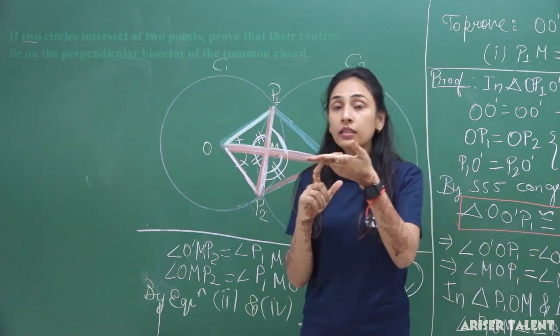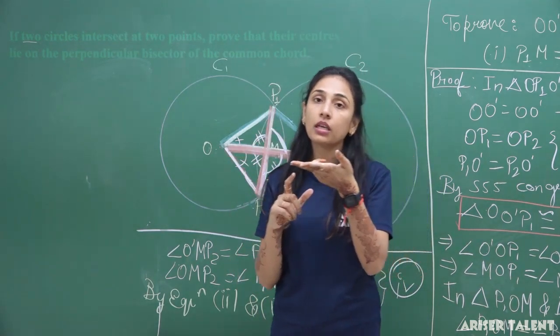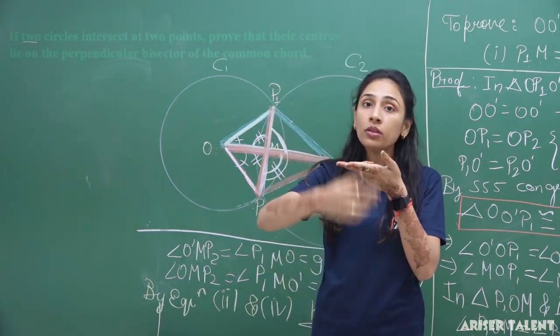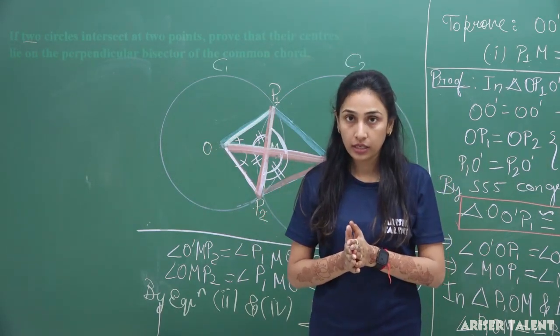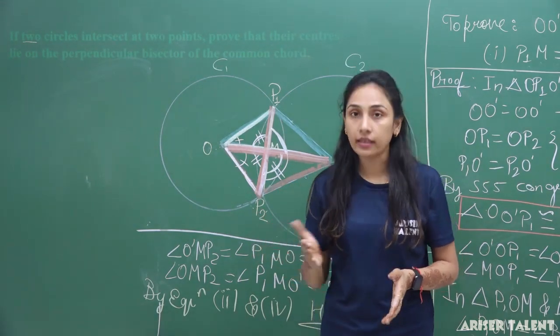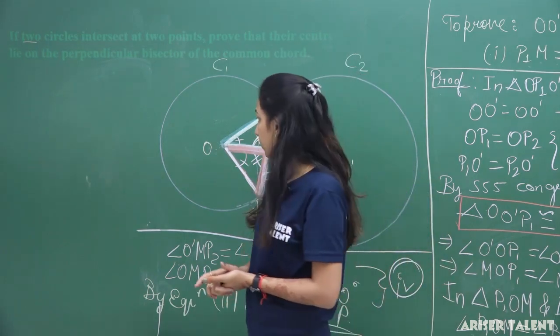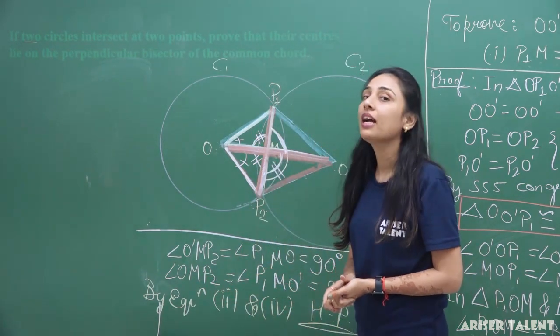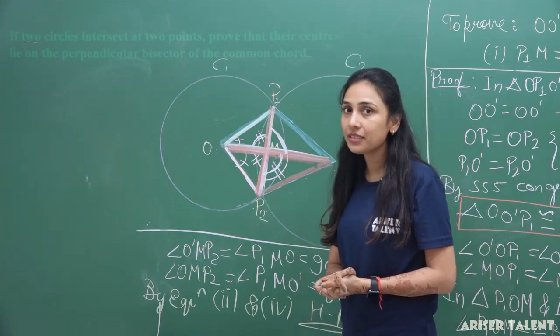So the line joining the centers of the circles and the common chord are perpendicular to each other, and it also bisects.